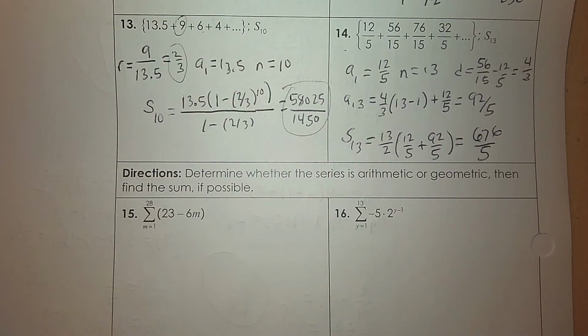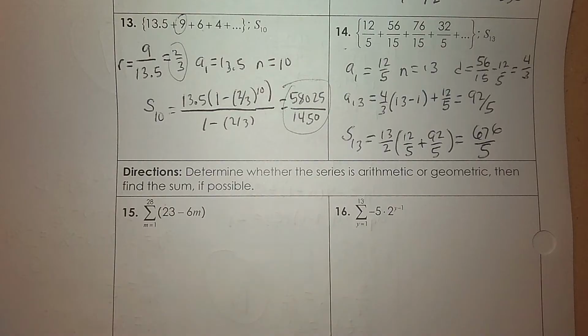I want you to understand the core concept: arithmetic means it's linear, and for geometric, it is exponential. So when I look at the rule beside the sigma notation, what type of rule is it? Linear or exponential? So which one is it? Arithmetic. There are three things I need to know.